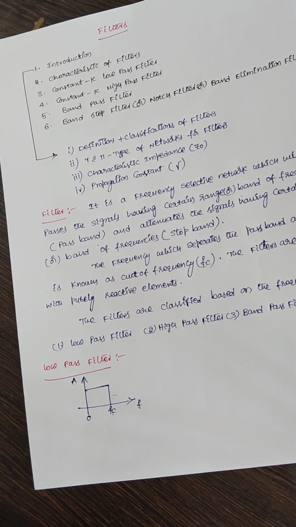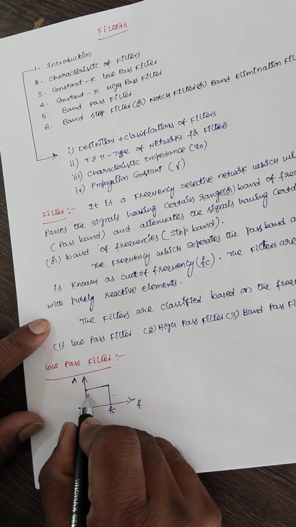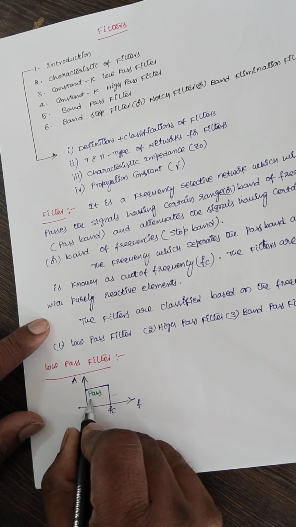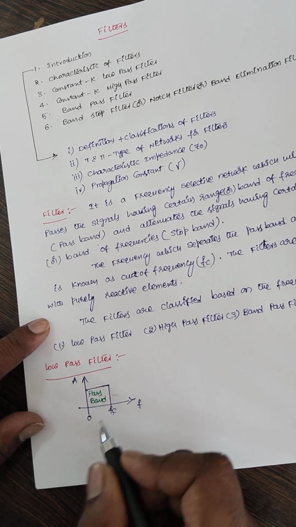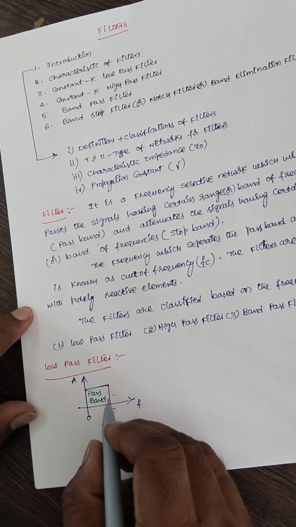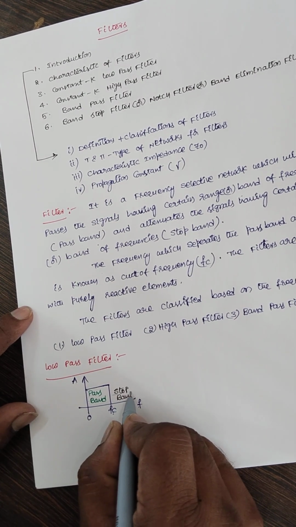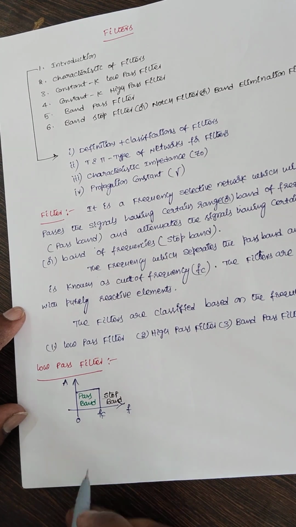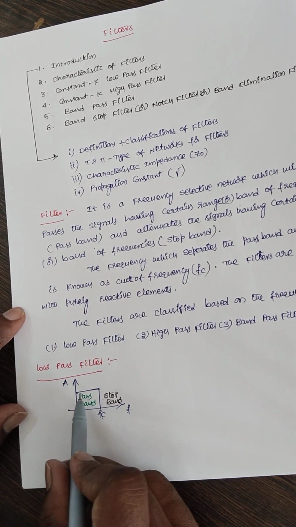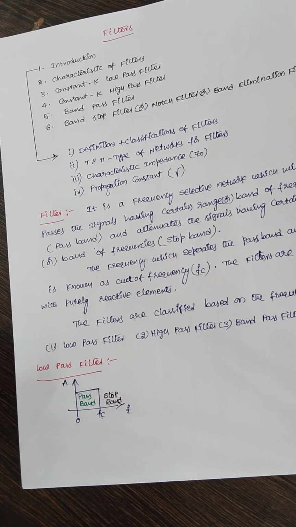So I can call this the pass band, and this one is the stop band. So it allows only the low frequency signals, this low pass filter.